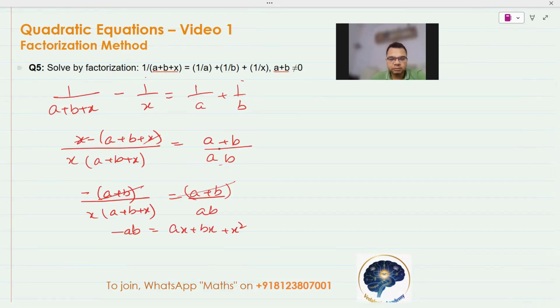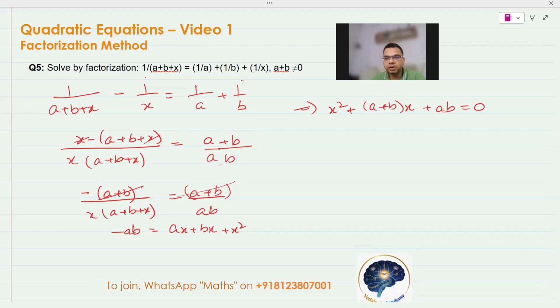So here, let me write it down clearly. I'll bring the whole thing towards one side of the equation. So it will become x squared plus a plus b into x plus ab equals 0. If you see closely here, we have found the roots of the equation.